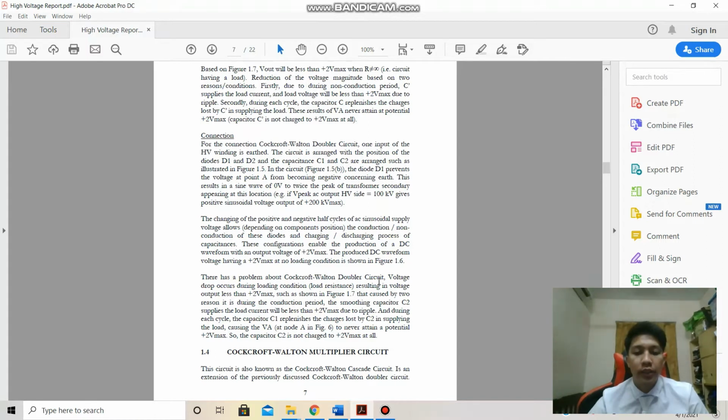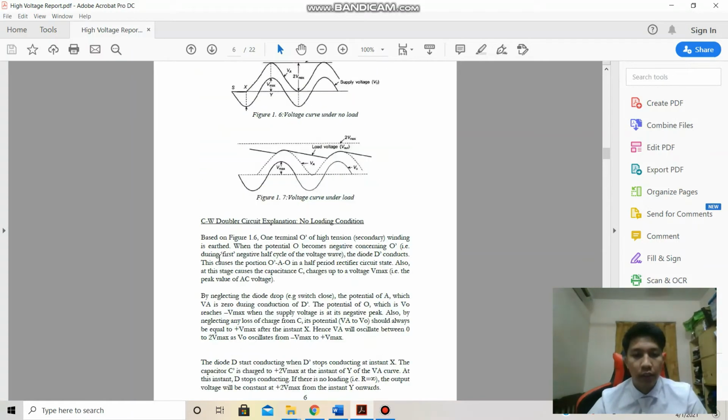Okay, there is a problem with this circuit. The voltage drop occurs during a loading condition, when there is a load resistance. The result is an output voltage less than positive 2 Vmax, as shown in this figure.